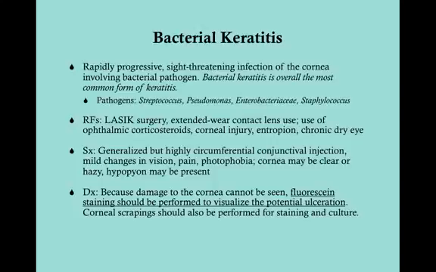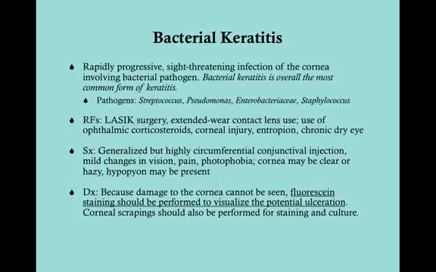With keratitis, the redness is generalized, but you see a very circumferential pattern. So the most severe redness is going to be right around the transition from sclera to cornea. So you can call this a circumcorneal conjunctival injection or a circumferential conjunctival injection. I'll show you pictures of that.